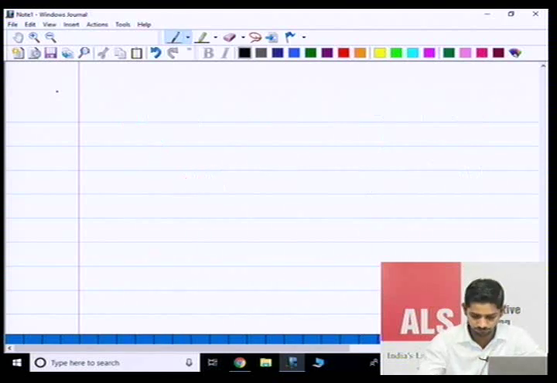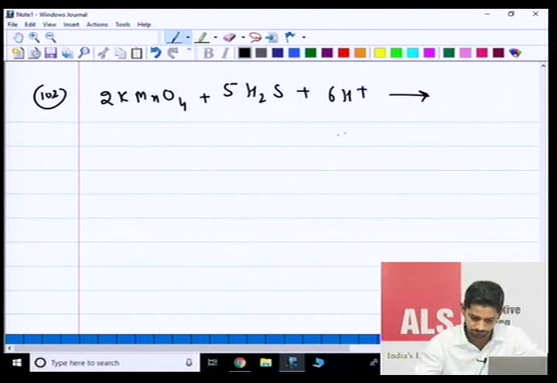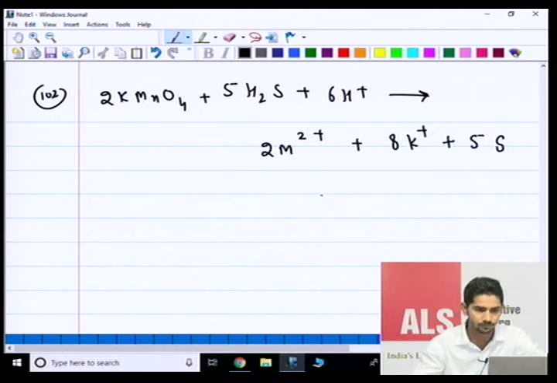Again, this is a question based on balancing. 102: twice of KMnO4 plus 5H2S plus 6H plus is giving you twice of Mn2 plus, 8K plus, 5 sulfur plus 8H2O.